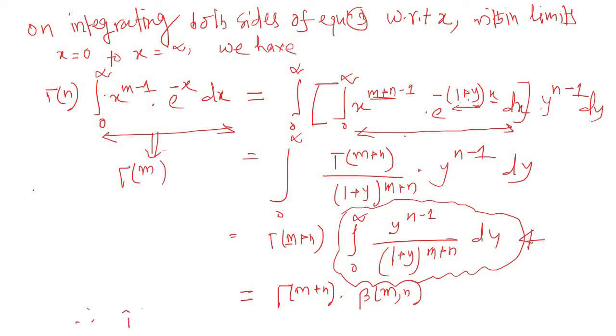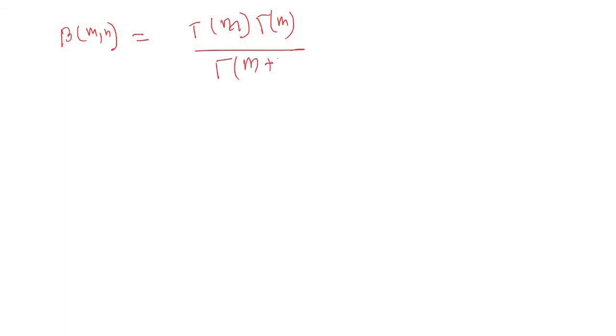Therefore gamma m gamma n is equal to gamma m plus n into beta m comma n. We can write beta m comma n is equal to gamma m gamma n over gamma m plus n. This is our required equation.